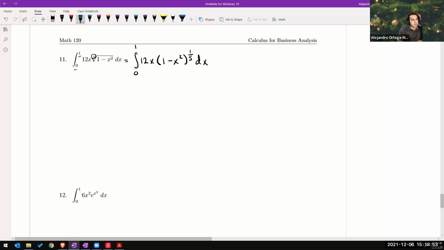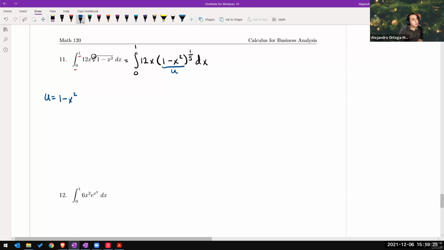Now, if you wanted to select the u, what do you think the u might be? It's going to be the inside, the 1 minus x squared.